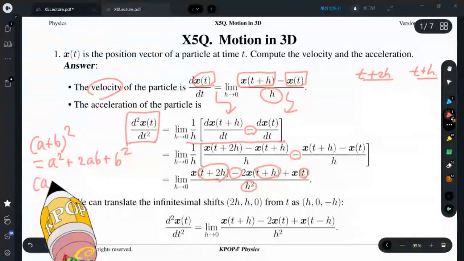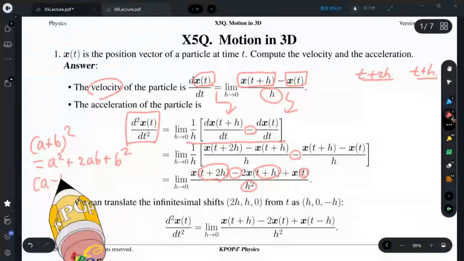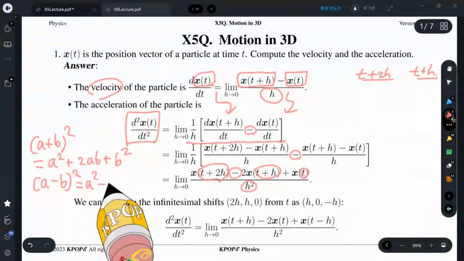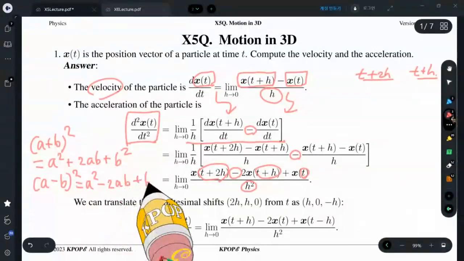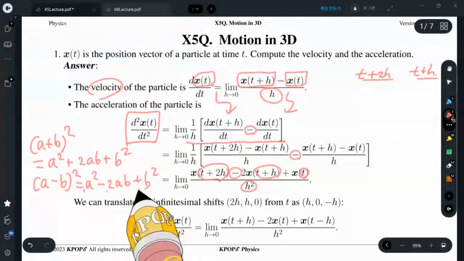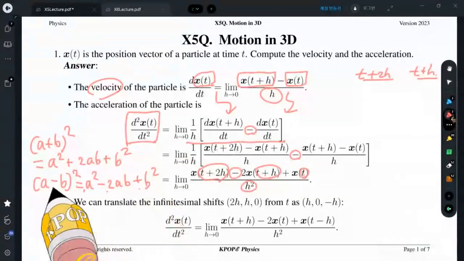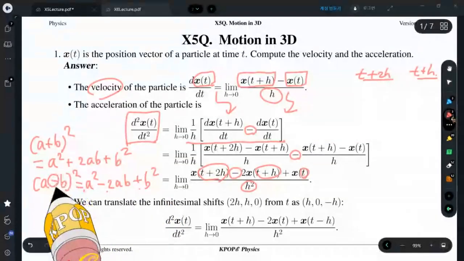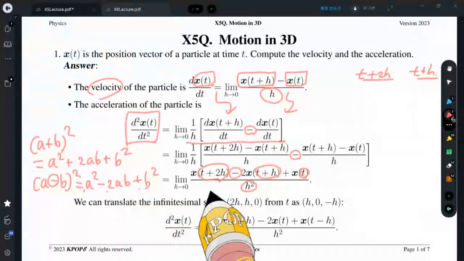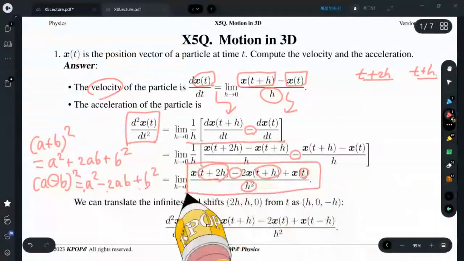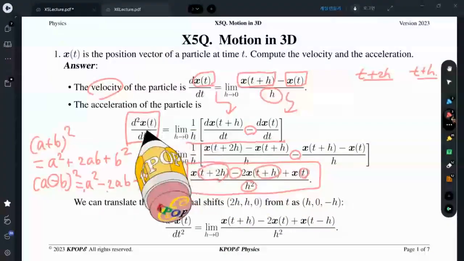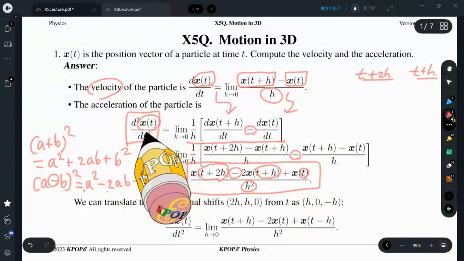And if I substitute minus b instead of b, this expansion formula is a squared minus 2ab plus b squared. These coefficients we call the binomial coefficients, and we take the negative sign, so the sign flips, plus minus, and so on. So the second order derivative can be directly computed from the function itself.